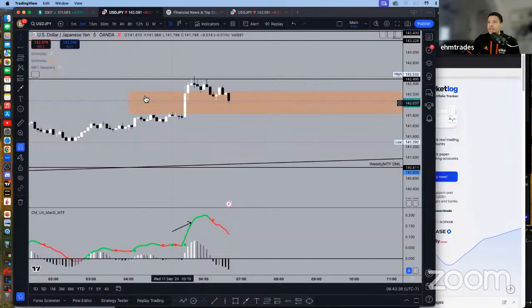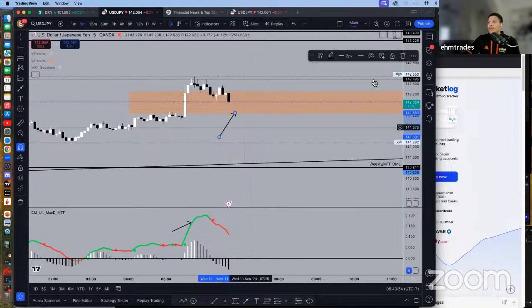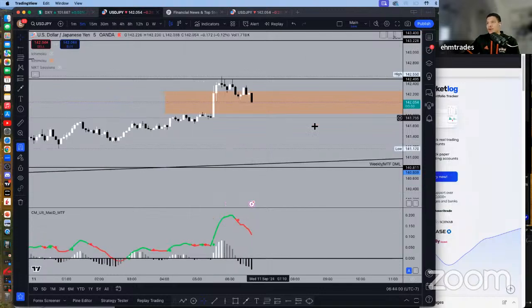All we need is for it to correct down to about this level. As long as a candle's wick touches one of the candles over here, that inefficiency will end up being filled.